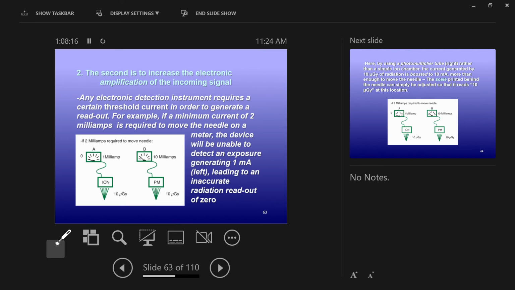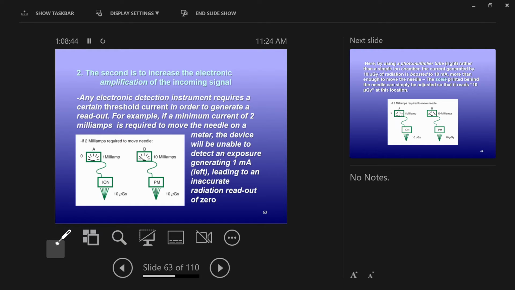The second way to increase sensitivity, if you can't make your detector larger, is to amplify the signal. So one important thing to know is that every ionization event can generate, and does generate, electric charge in the air. If that ionization event happens inside of a detector, it generates an electric charge inside of the detector.